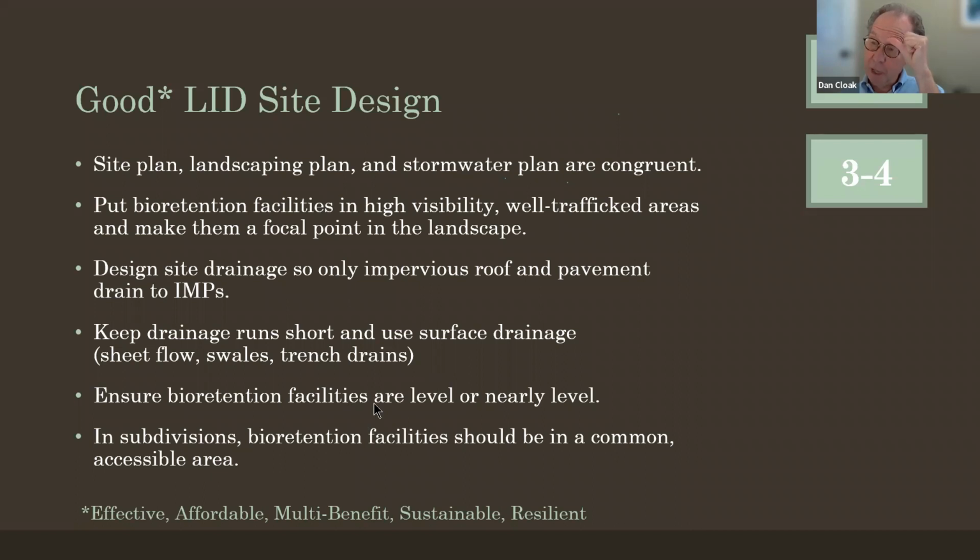Bioretention facilities need to be level or nearly level, and we address that in our design criteria. This is how you build them. But if that isn't addressed in the layout, you're often too far down the road already. If the site layout has put a bioretention facility someplace where it's on a 4 or 6% slope or whatever, then the engineer is asked, okay, now design this facility.